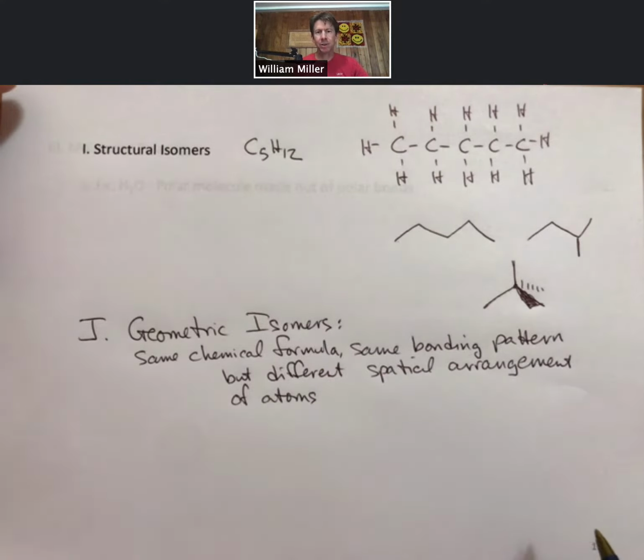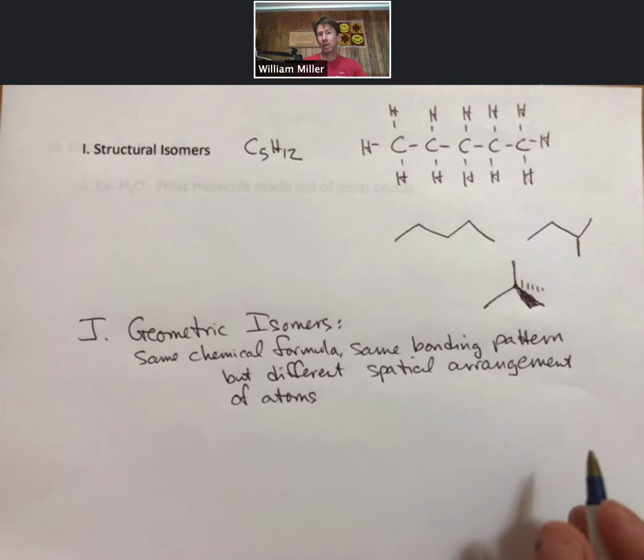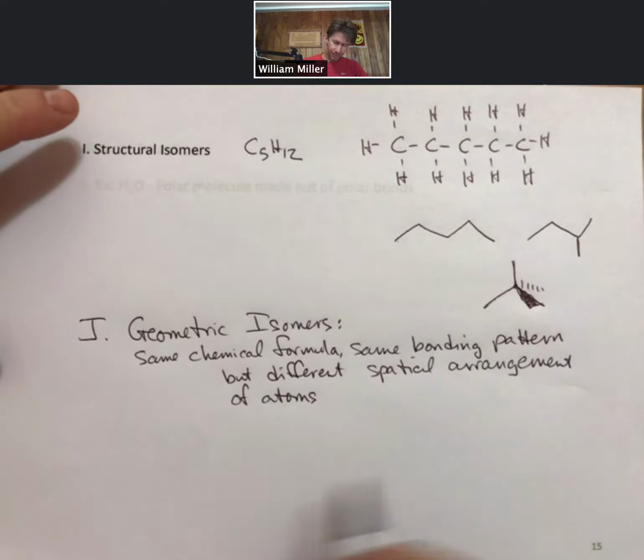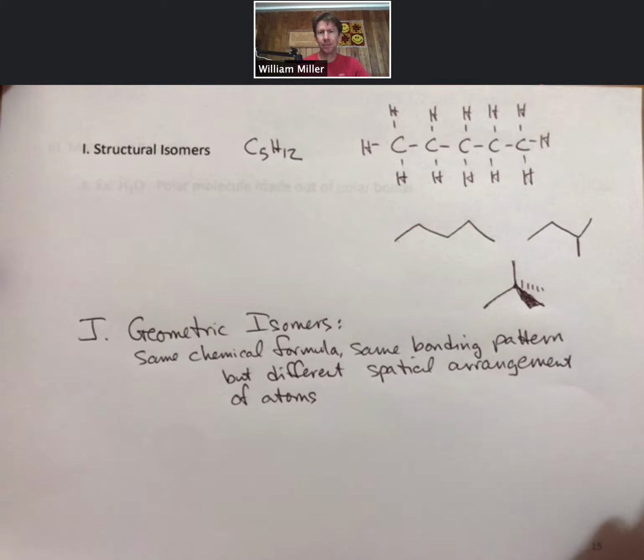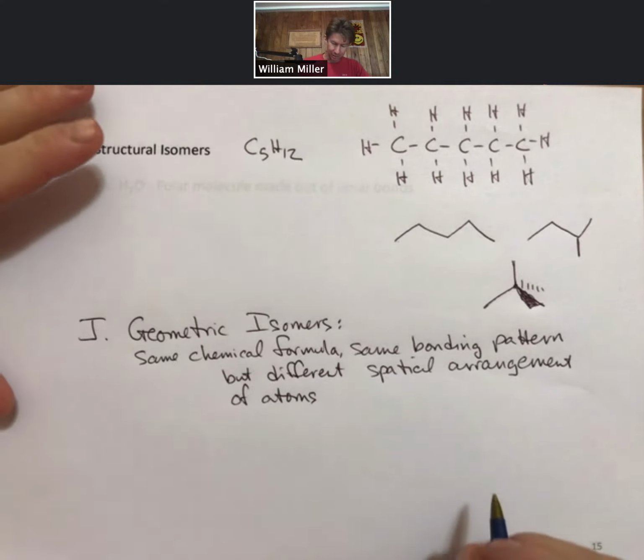And this one, geometric isomers, at least the way that we're going to look at them in this course, are always going to have one double bond in them. They get much more complicated, but that should be plenty for us.